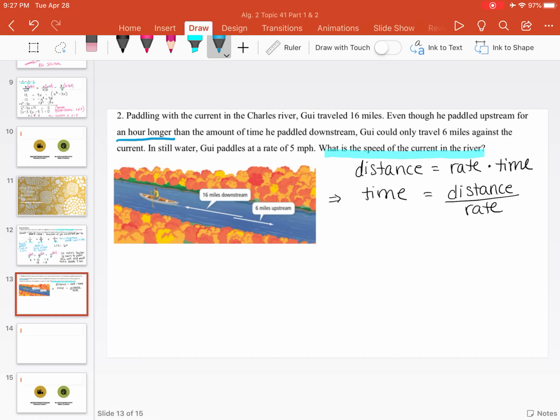So if we want to write our equation, we're going to do it in terms of time. But also note that time can be expressed as distance over rate. So the problem wants to know the speed of the current, so we are going to have to introduce a variable. Let's just say that C is going to be the rate of the current.